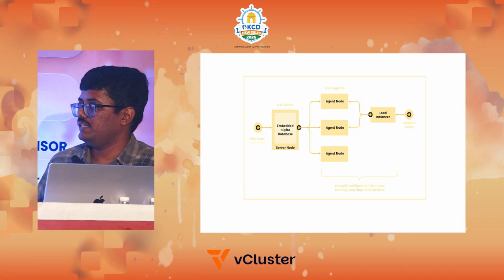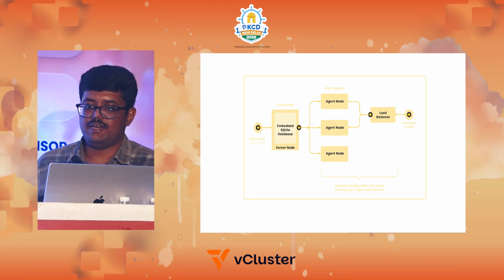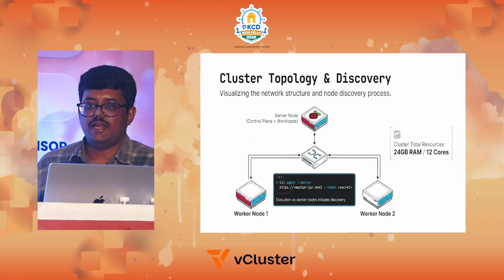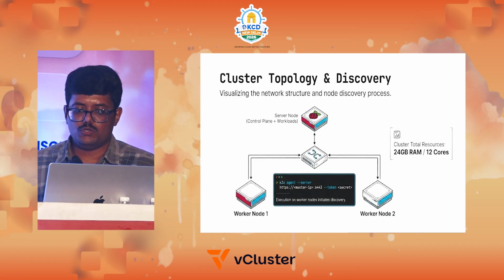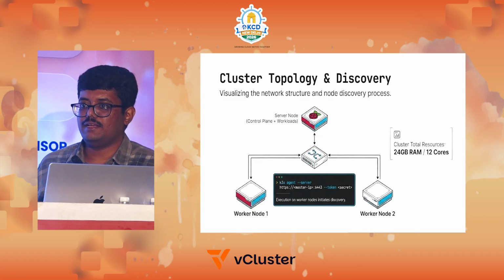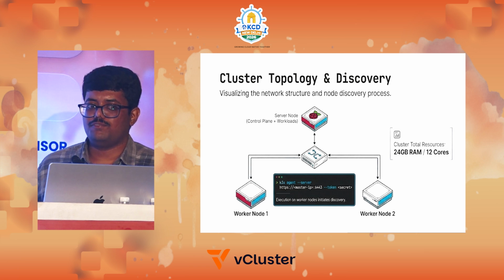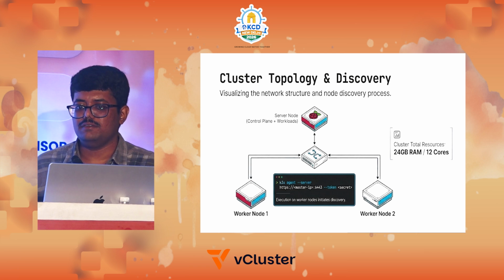Now here's the cluster topology that I previously mentioned. It has a single server node; I have a one server and two worker configuration. All three nodes, the master and both workers, are 4 core and 8 GB configuration.